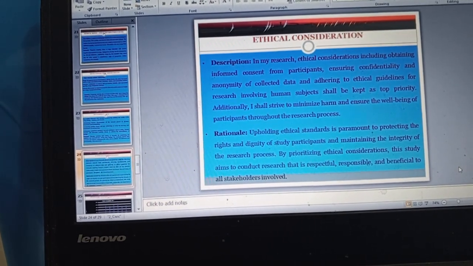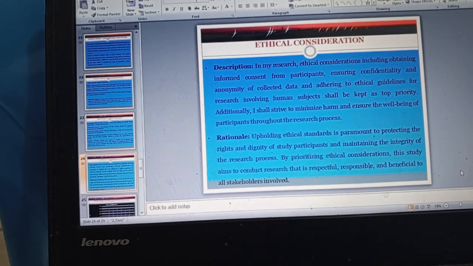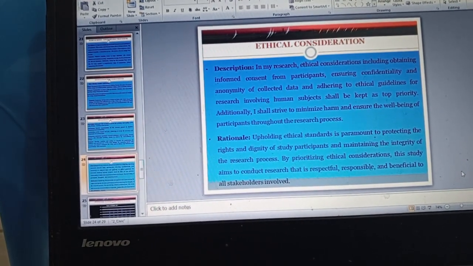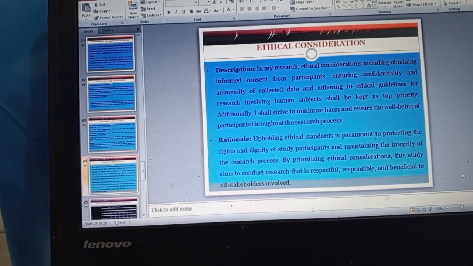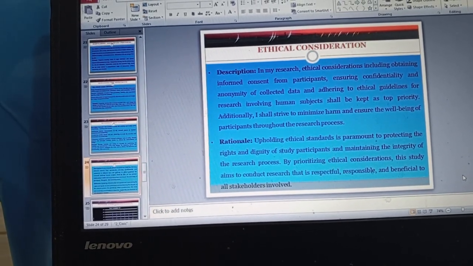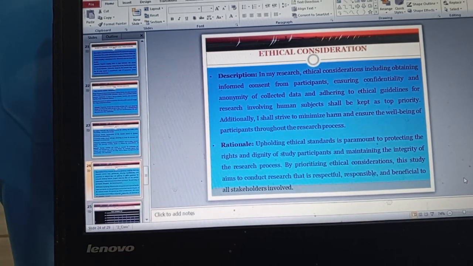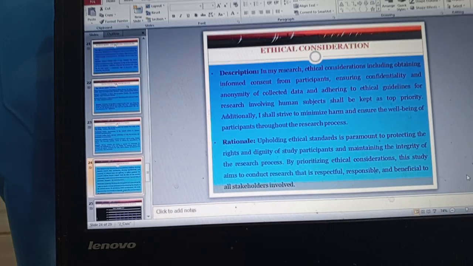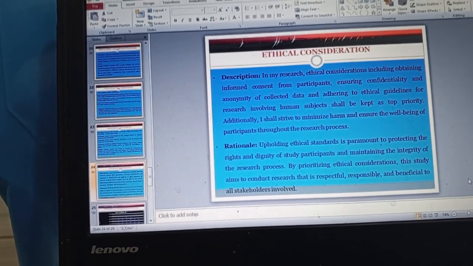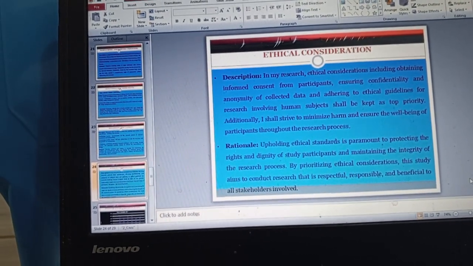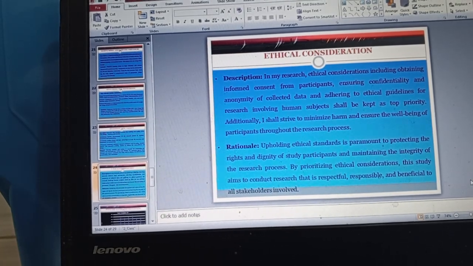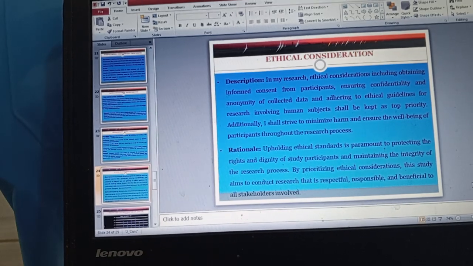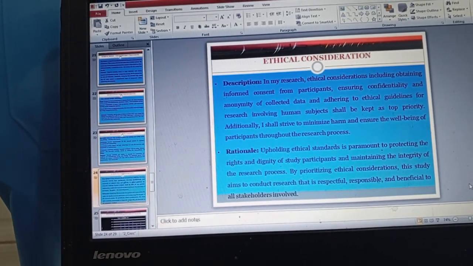Yeah, so the description is: in my research, ethical considerations including obtaining informed consent from participants, ensuring confidentiality and anonymity of collected data, and adhering to ethical guidelines for research involving human subjects shall be kept as top priority. Additionally, I shall strive to minimize harm and ensure the well-being of participants throughout the research process.